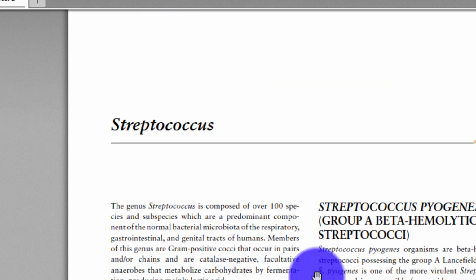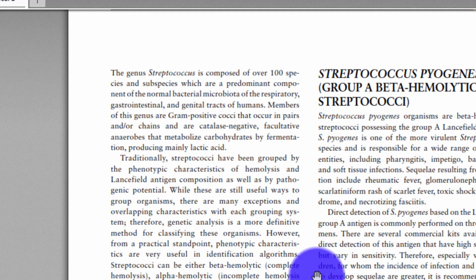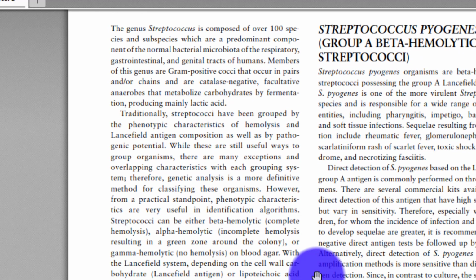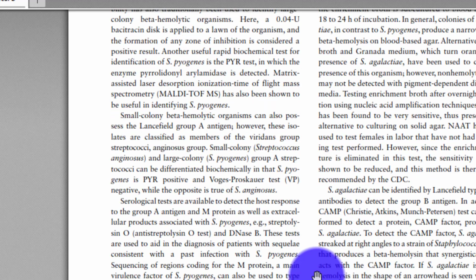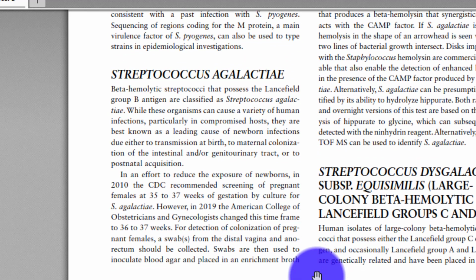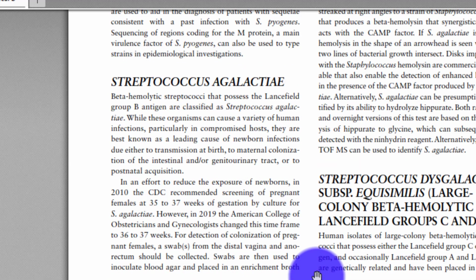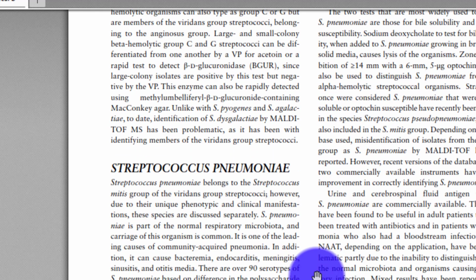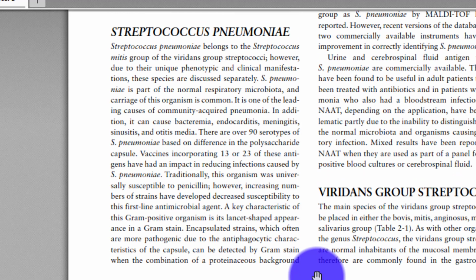Streptococcus pyogenes, group A beta hemolytic streptococci, Streptococcus agalactiae, Streptococcus equisimilis, Streptococcus pneumoniae, viridans group streptococci.